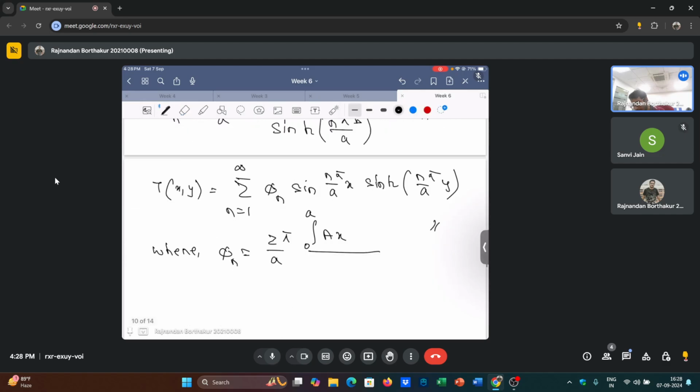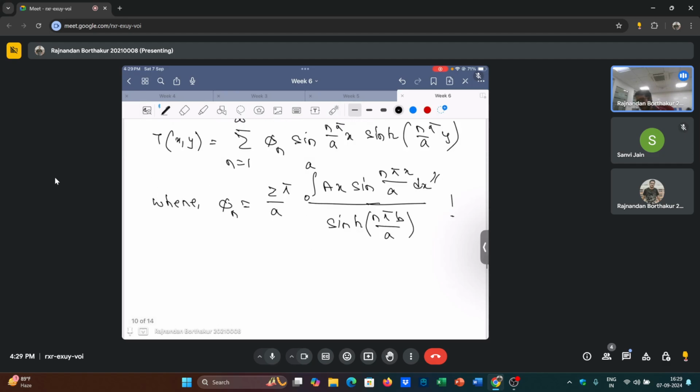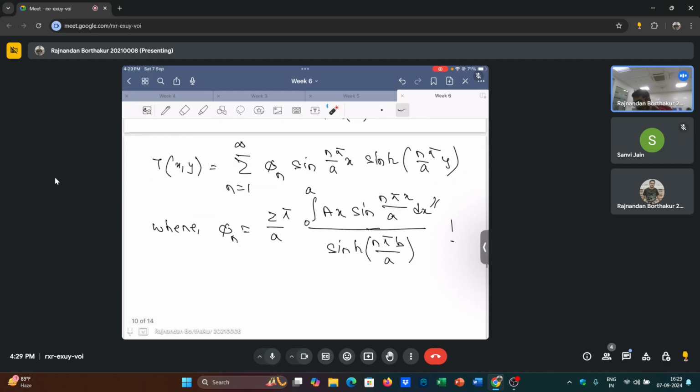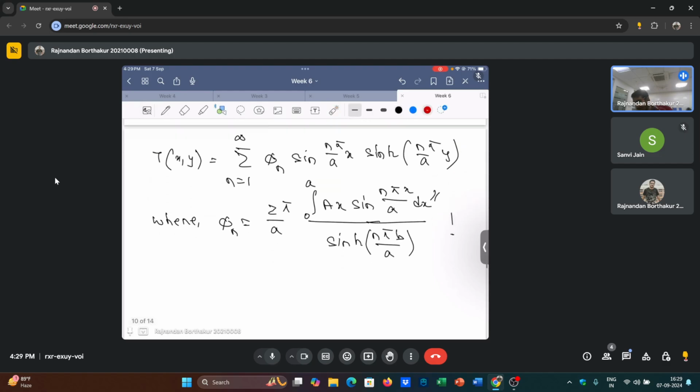This ax times sine n pi x by a dx divided by sine hyperbolic n pi b by a. So this phi n is uniquely determined using this, and substitute phi n to get your temperature as a function of x and y. That's the entire solution of this problem. Okay.